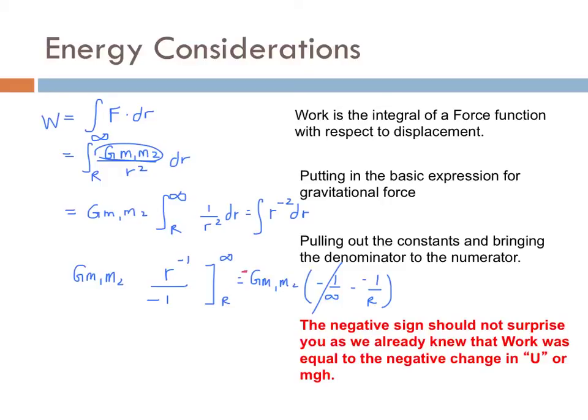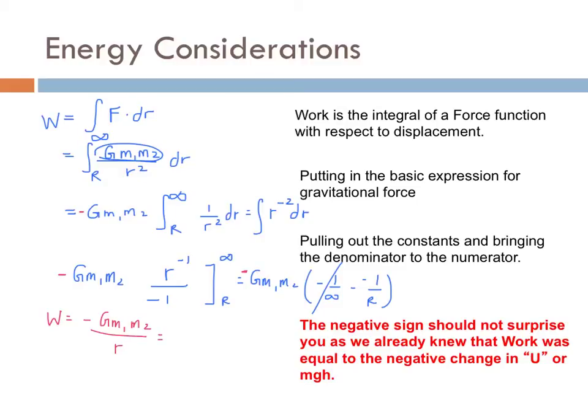Now, we are missing a negative here. Remember that our equation actually includes that negative. And at the very end, we get that work is equal to a negative G m1 m2 over r.